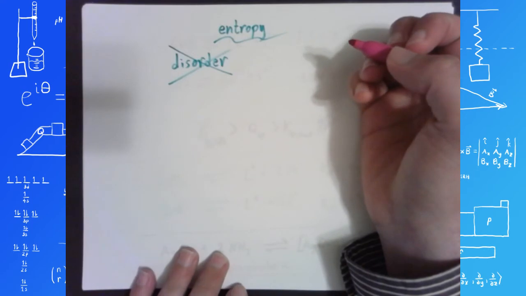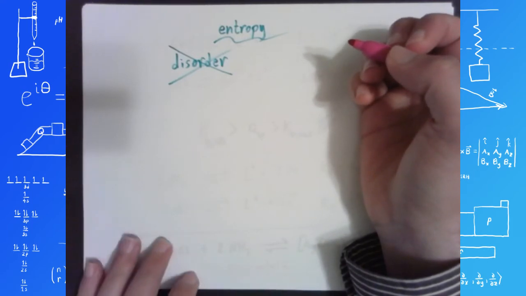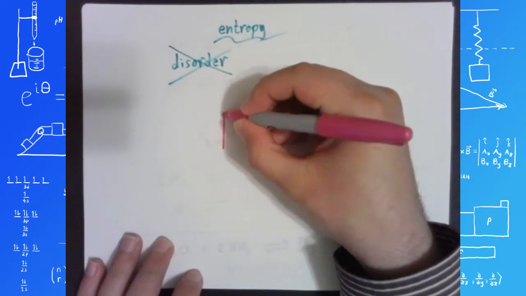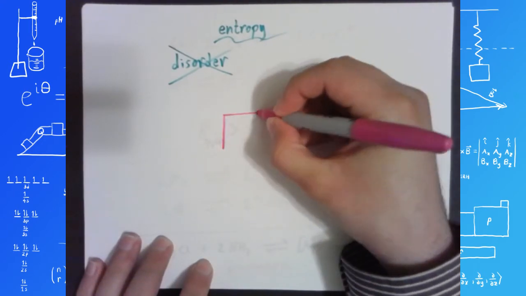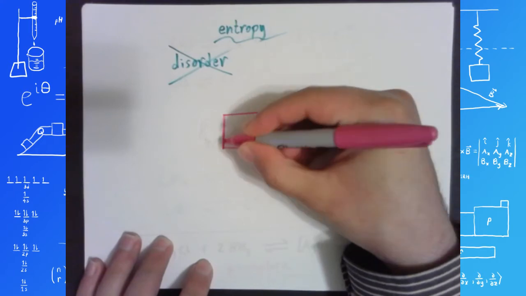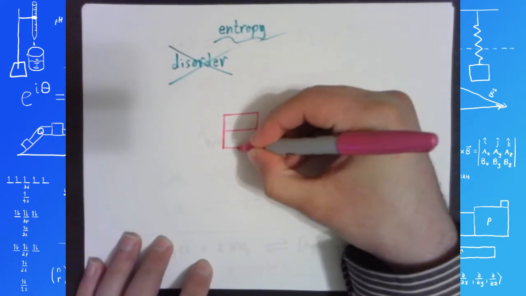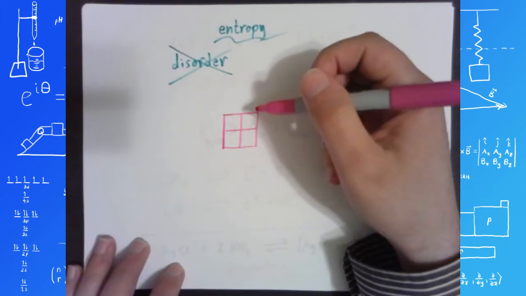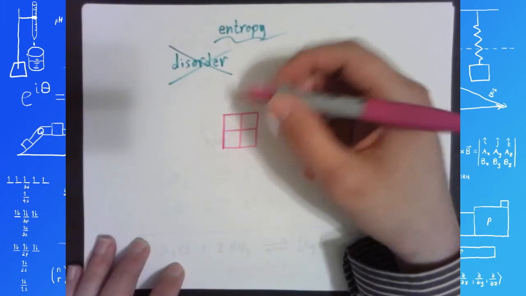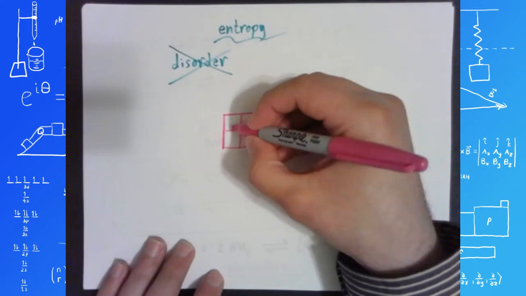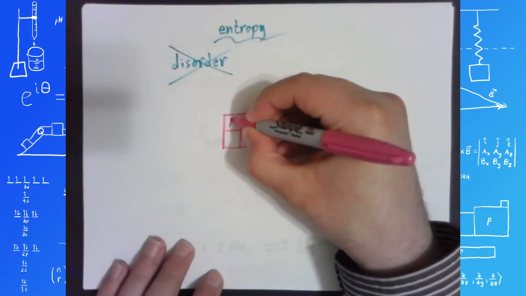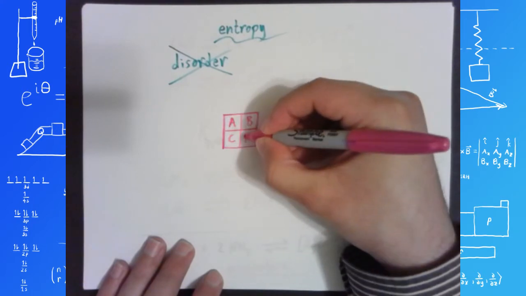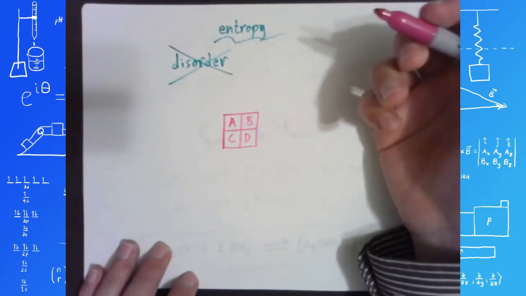In order to understand it, let's go ahead and put together the example of 4 particles on a grid. Let's say you've got a grid that has 4 spaces available, and in each of these spaces, one of 4 particles will randomly be assigned. So for now, let's say particle A is in space 1, particle B is in space 2, C is in space 3, and D is in space 4.